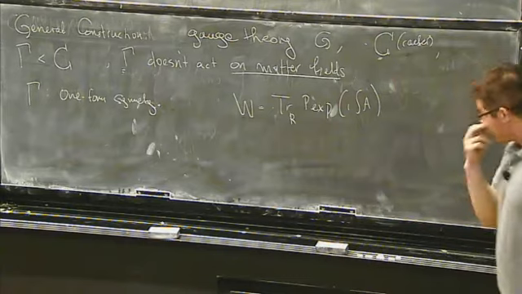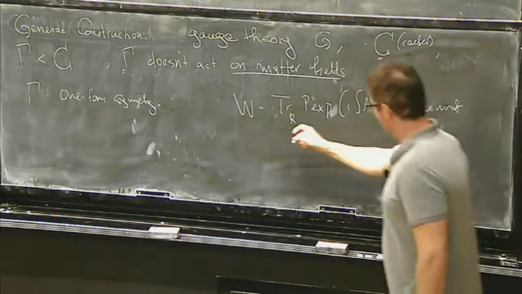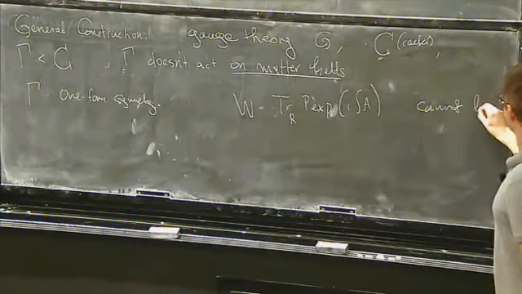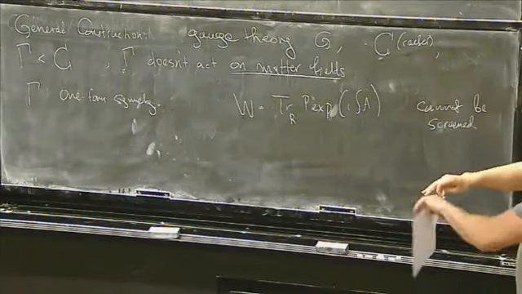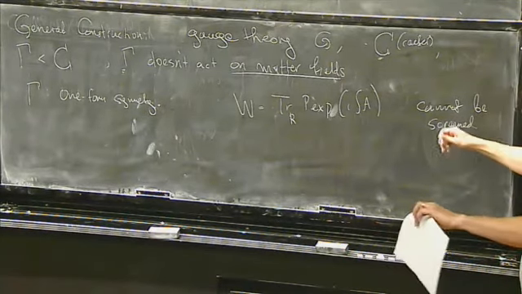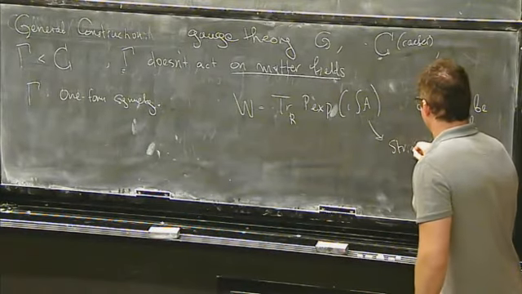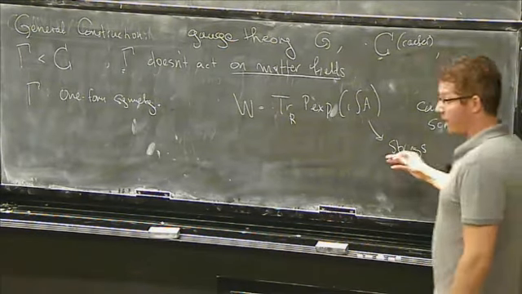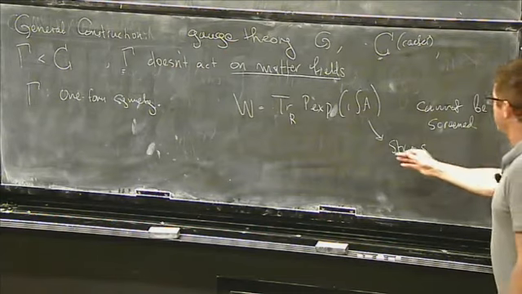This cannot be screened because there are no particles that would carry a representation in the same n-ality as R. And those Wilson lines, when they act on the Hilbert space, will create strings, and these strings would not decay.